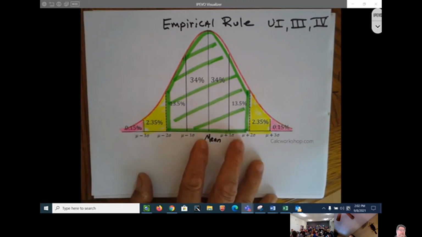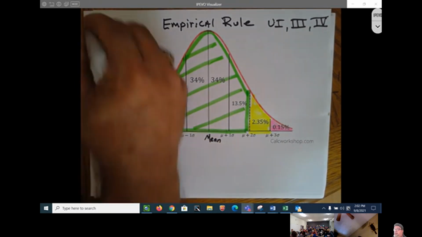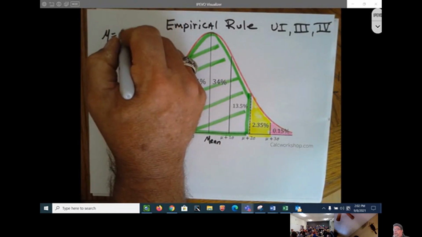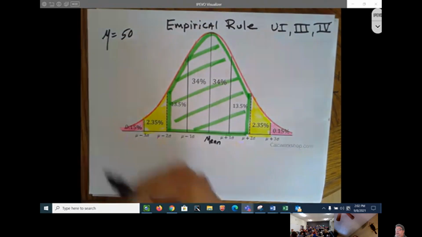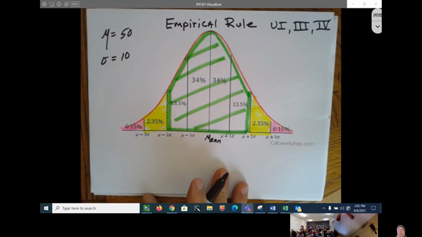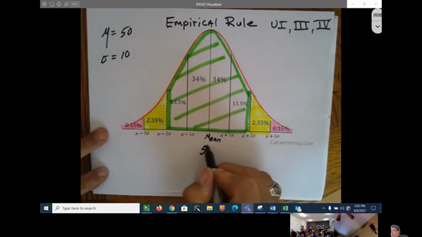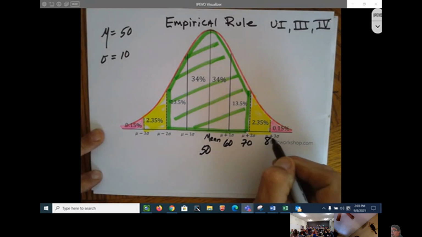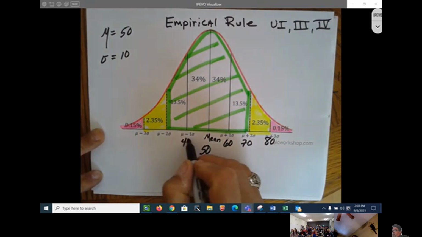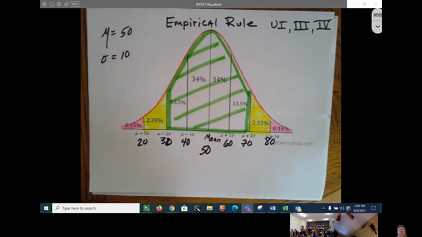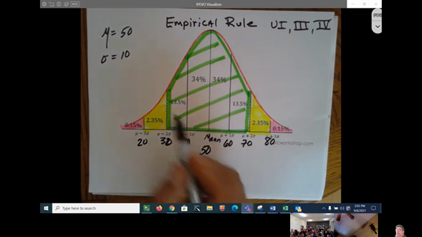If I give you the mean is equal to 50, and the standard deviation is equal to 10, then you will put 50 in the middle, and this will be 60, 70, 80, 40, 30, 20. And then you will answer the questions on the test or the homework according to what they give you.